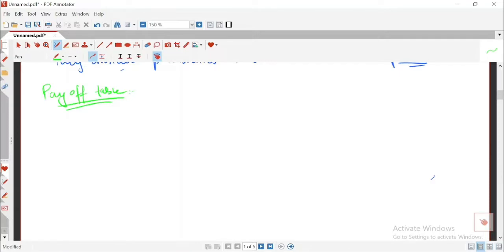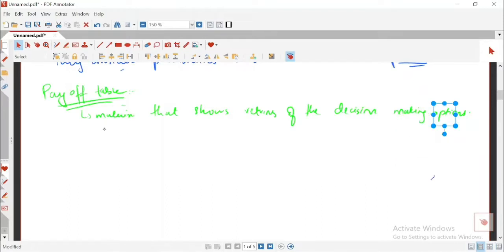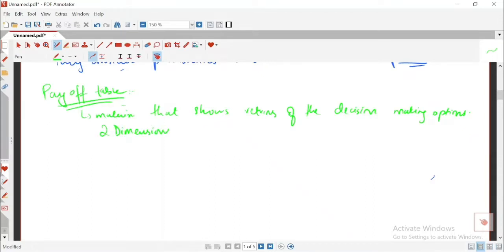Payoff table is basically a table or a matrix that shows returns of the decision making options. ठीक है. अब एक पे ऑफ टेबल जो होता है it consists of 2 dimensions होती हैं इसकी. 2 तरीके से हम इसको कंसीडर कर रहे होते हैं. बेसिकली हम एक पे ऑफ टेबल में 2 चीज़ों को कंबाइन करके 2 चीज़ों का कॉम्बिनेशन प्रेजेंट करते हैं.